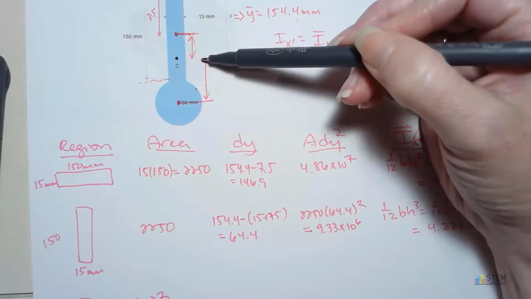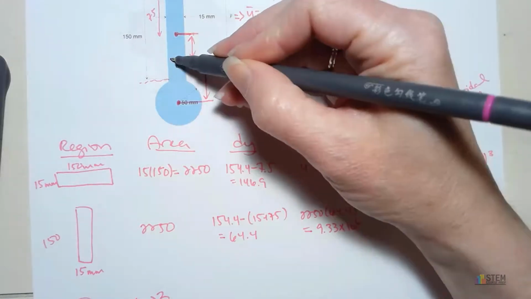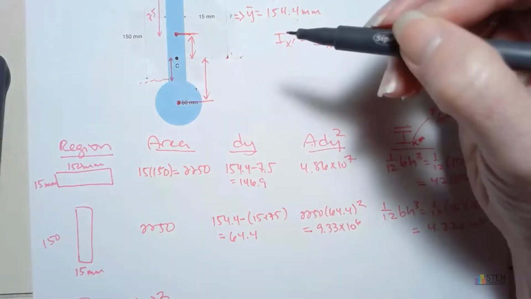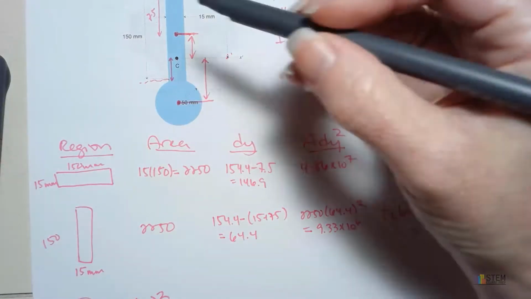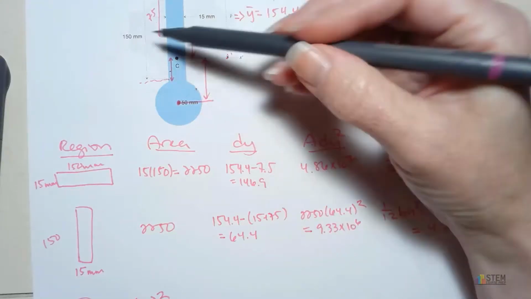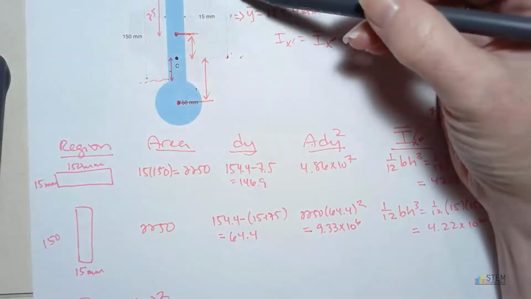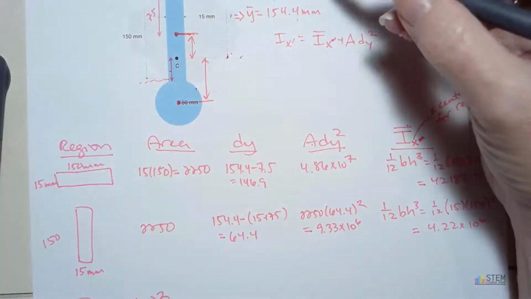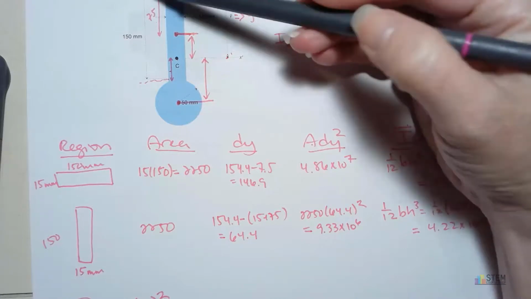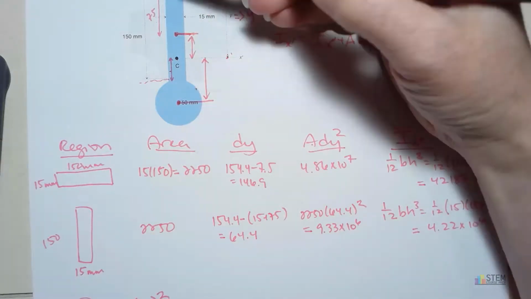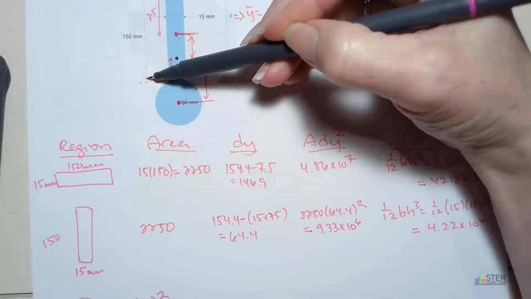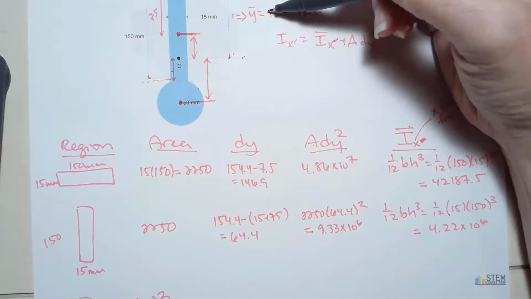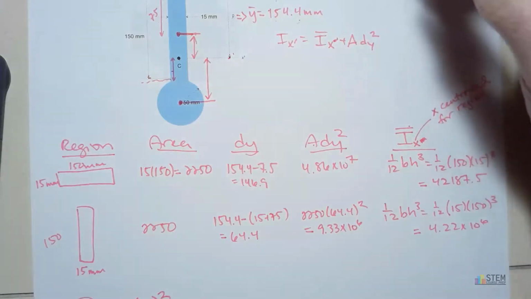Now let's find this distance here first. We need that, and then we can add it to that 50 for the radius here. So this distance right here, if this whole thing is 150 and this is the 154.4, and we've got this 15, that means we're going to have 165, that's the length from here to here, minus the 154.4.